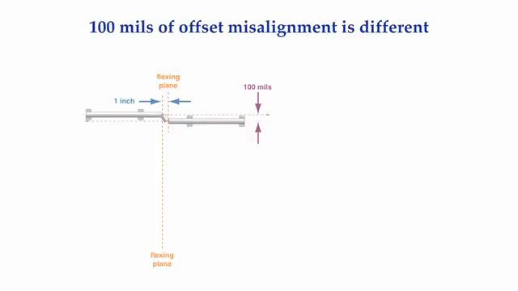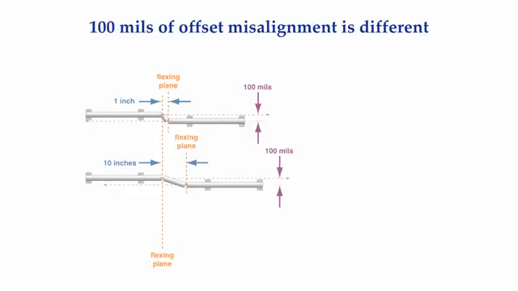If we take 2 shafts that have 100 mils of misalignment and the flexing points in the coupling happen to be 1 inch apart, we have 100 mils per inch of misalignment. However, if we maintain the 100 mils of misalignment but separate the shafts 10 inches apart, we have 10 mils per inch of misalignment.